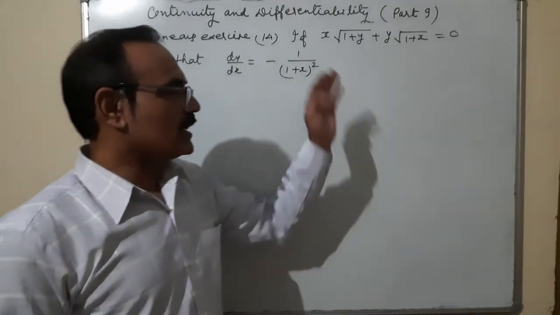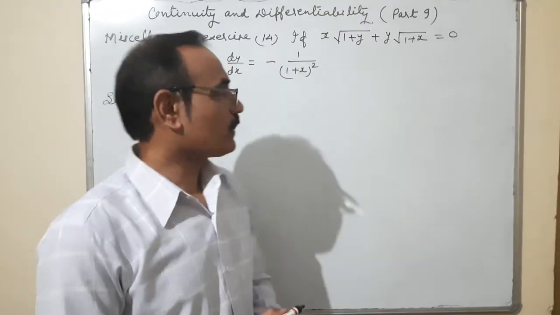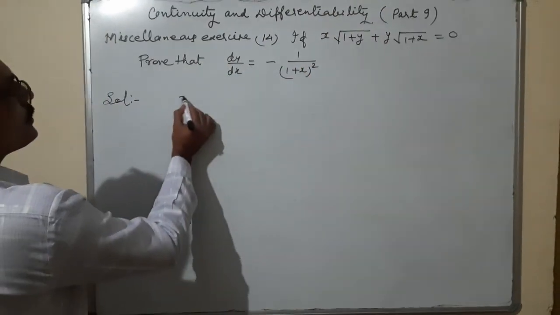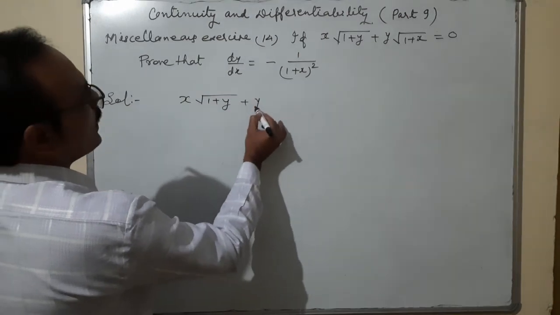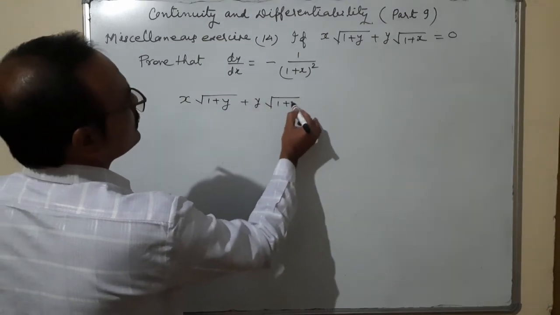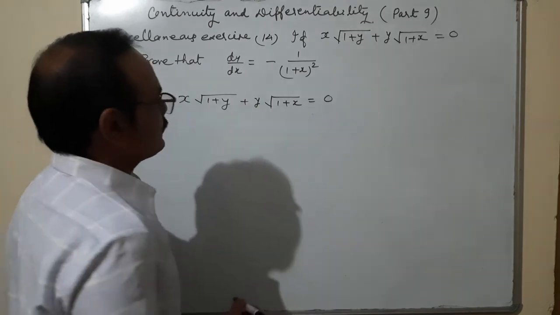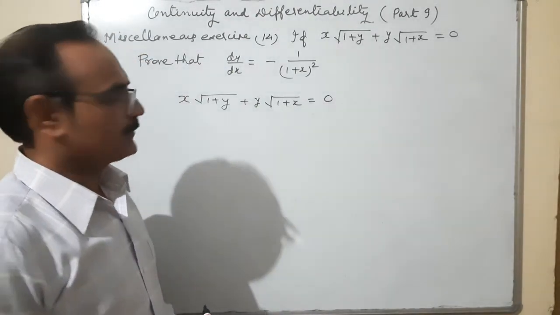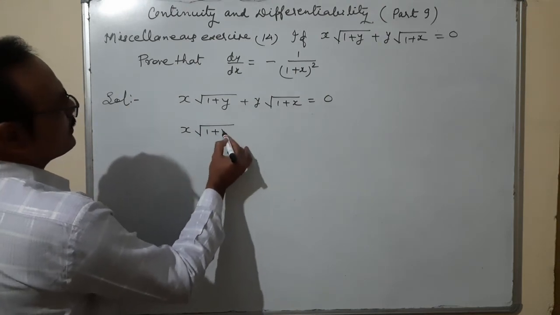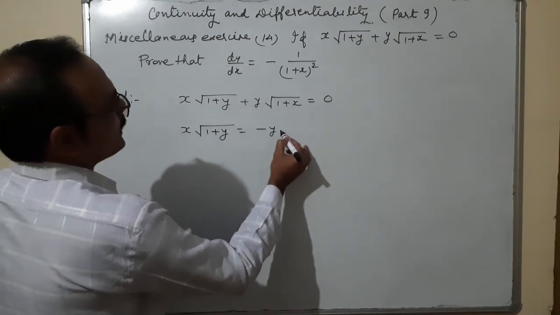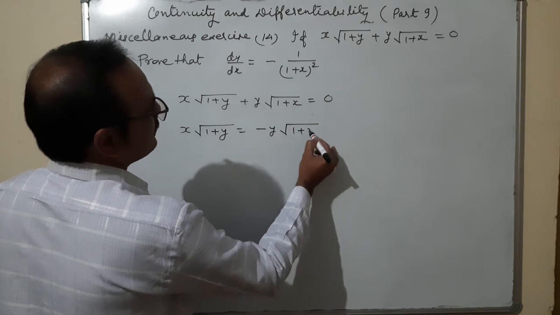Directly, you will not start differentiating with respect to x. x under root 1 plus y plus y under root 1 plus x is equal to 0. Okay. First of all, we want to separate x and y. x under root 1 plus y is equal to minus y under root 1 plus x.